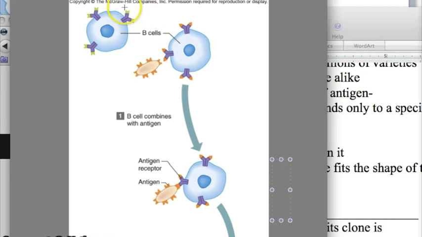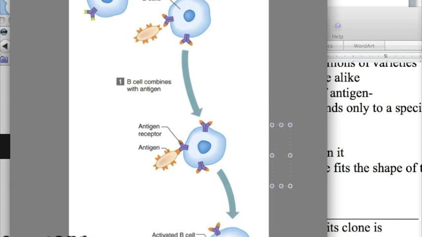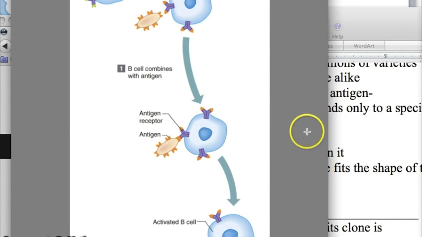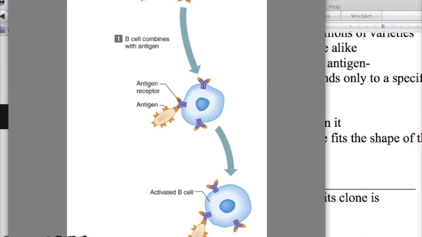So we have a B cell, it has a particular antigen receptor site on each different B cell. So this one has like a little triangle receptor site. This one has like more of a little arrow receptor site sticking out. So if this cell is the antigen right here, and the B cell combines with it, it creates an antigen receptor combination, which then would trigger or activate that B cell. And an activated B cell would then enlarge its clone or make lots more of itself.